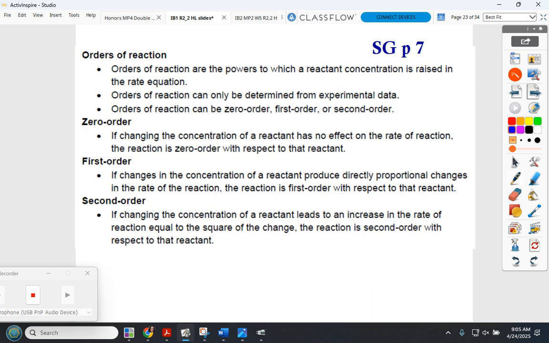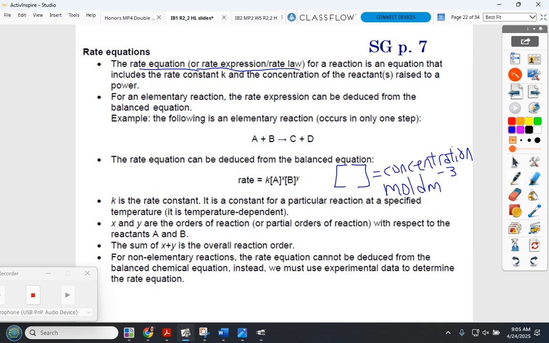So orders of reaction, again, this is the power to which the concentration is raised. Even in an elementary reaction, we cannot tell what those numbers are, what x and y are, what those exponents are, without looking at some experimental data. We use experimental data to determine what those exponents must be.